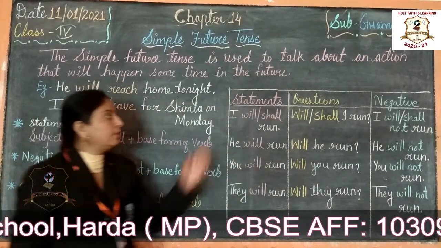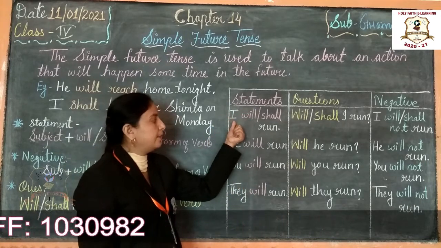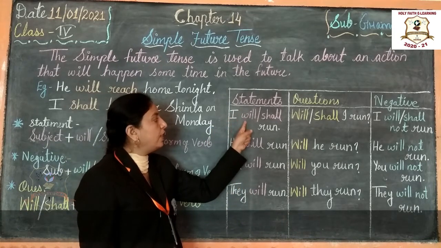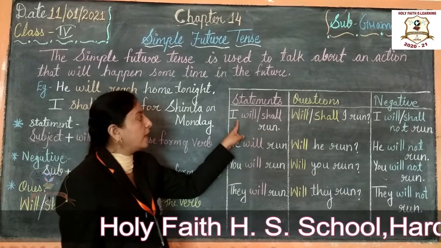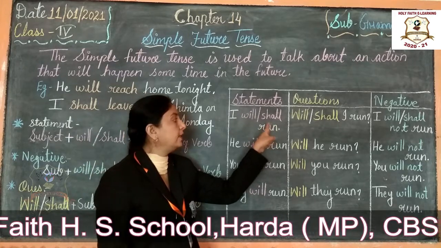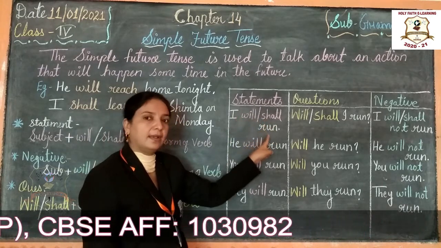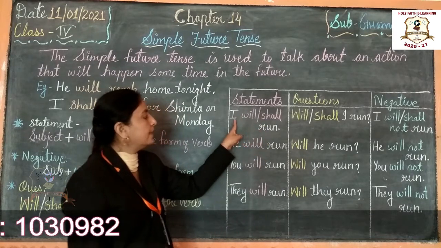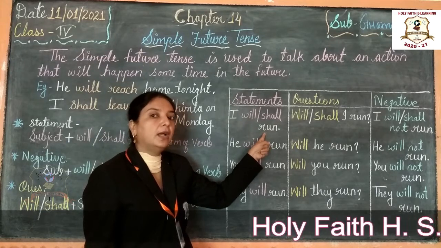Let us understand with the help of this table. Statement: subject, will or shall, run. Here the I is a subject, तो I के साथ आप shall भी use कर सकते हैं. I will run or I shall run. This is the subject plus will or shall plus base form of the verb.